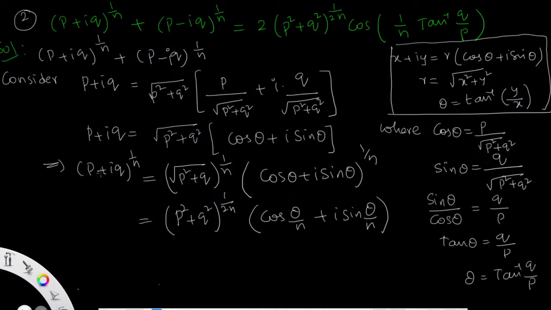This carries only p plus iq whole to the power of 1 by n. What have we done here? We wrote p plus iq in the form of r equal to root over x square plus y square, here root over p square plus q square only. Next, cos and sin, multiply and divide with this number.